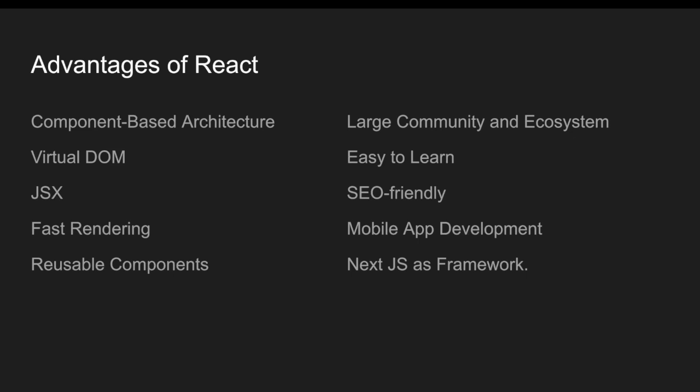And if you want a full-fledged React framework, then Next.js is the one which acts like a full-fledged framework for React. We'll talk about Next.js in other playlists in the future, but for now, these are the advantages of React. So let me quickly jump to another slide.